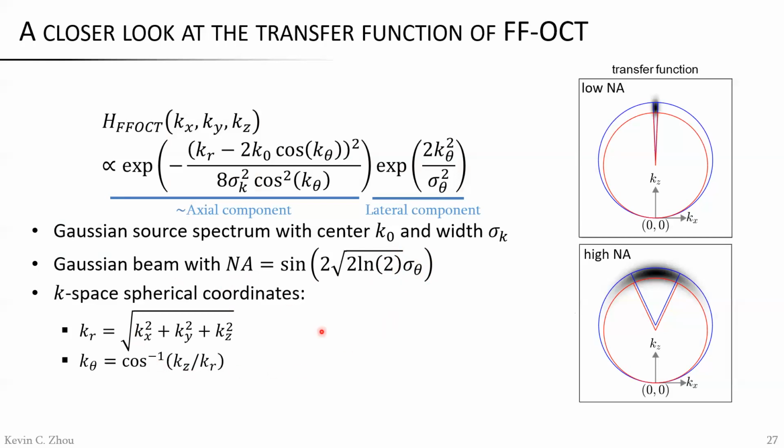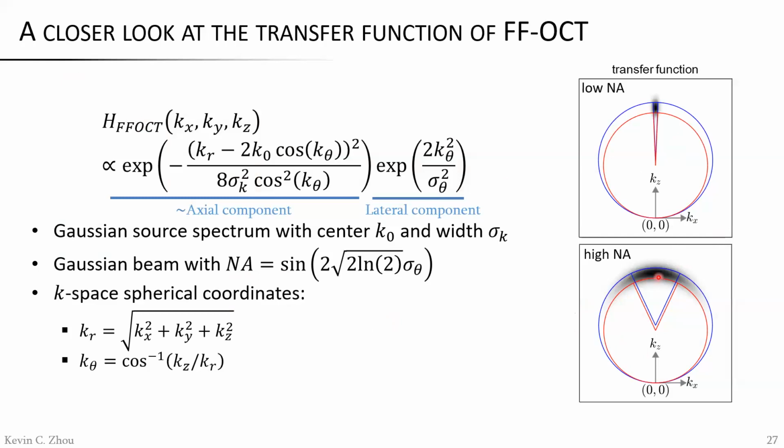I note here that we're expressing the K-space coordinates in spherical coordinates because of the symmetry, as it's symmetric around the KZ axis. So this is just a fancy equation that characterizes the shape that we saw earlier for full field OCT, but this time using Gaussian assumptions, we get these sort of plots on the right.